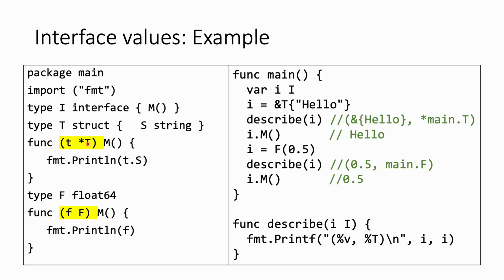Type T implements interface I by implementing method M with a pointer receiver of type pointer to T. This method just prints out the field S of the receiver. Type F implements interface I by implementing method M with a value receiver of type F. This method simply prints out the value of the receiver.